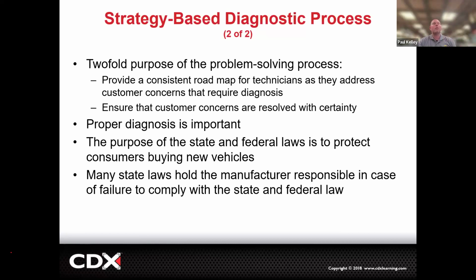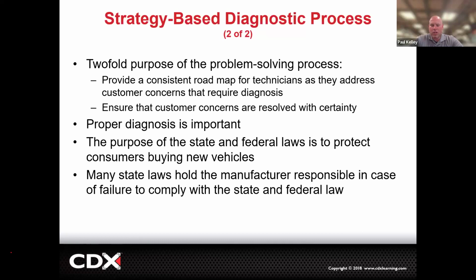Now, what's this say here? The purpose of the state and federal laws is to protect the consumers, right? So this is especially important when the car is new and it's under warranty and they've got lemon law protections. So if a car is dropped off, basically the second it's dropped off, it's almost like a stopwatch.